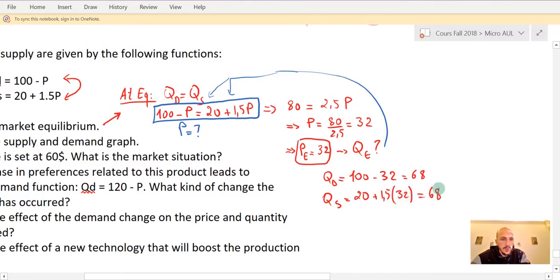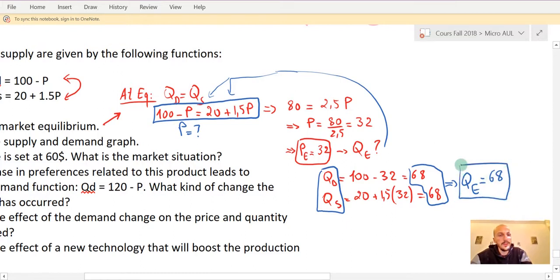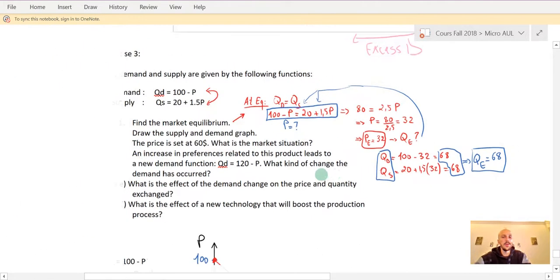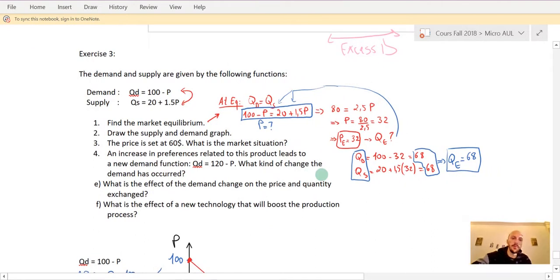So 32 and a half is 48, plus 20 becomes 68. Okay, so you see that at this price QS and QD are equal, and this is the quantity at equilibrium, 68. So we have found our price at equilibrium and our quantity at equilibrium.